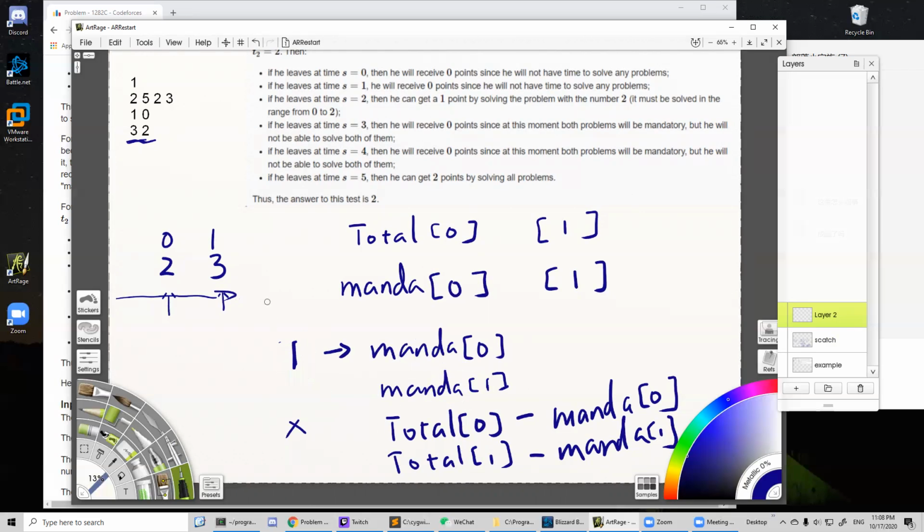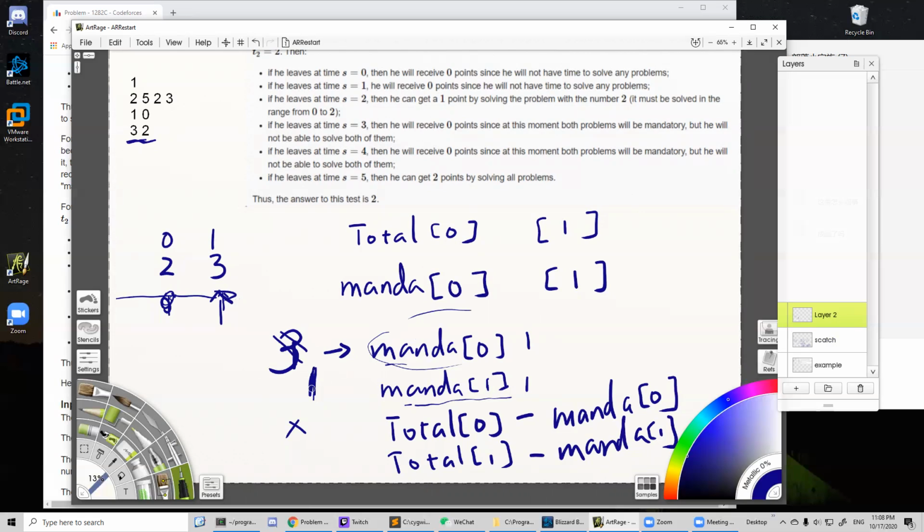And let's move on. Let's move the timer to the right by 1 again. So we are at time 3. We are going to have 2 mandatory problems. One is easy, one is hard, right? And we are going to solve the easy one first, and we are going to deduct 2 seconds from the total time.